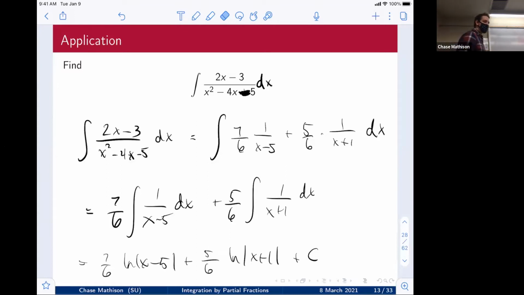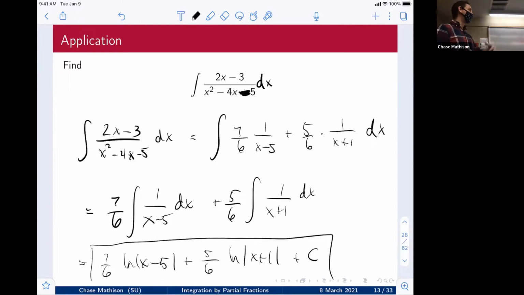Okay. Any questions on this? Okay. So that took that integral that would have been difficult to do because again, it's heartbreakingly close to a u substitution problem, right?